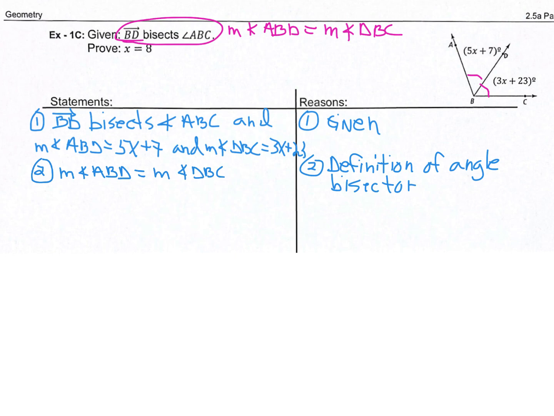Okay. Then step 3, we can substitute in the values of the angles. So 5x plus 7 is equal to 3x plus 23. And that is substitution.